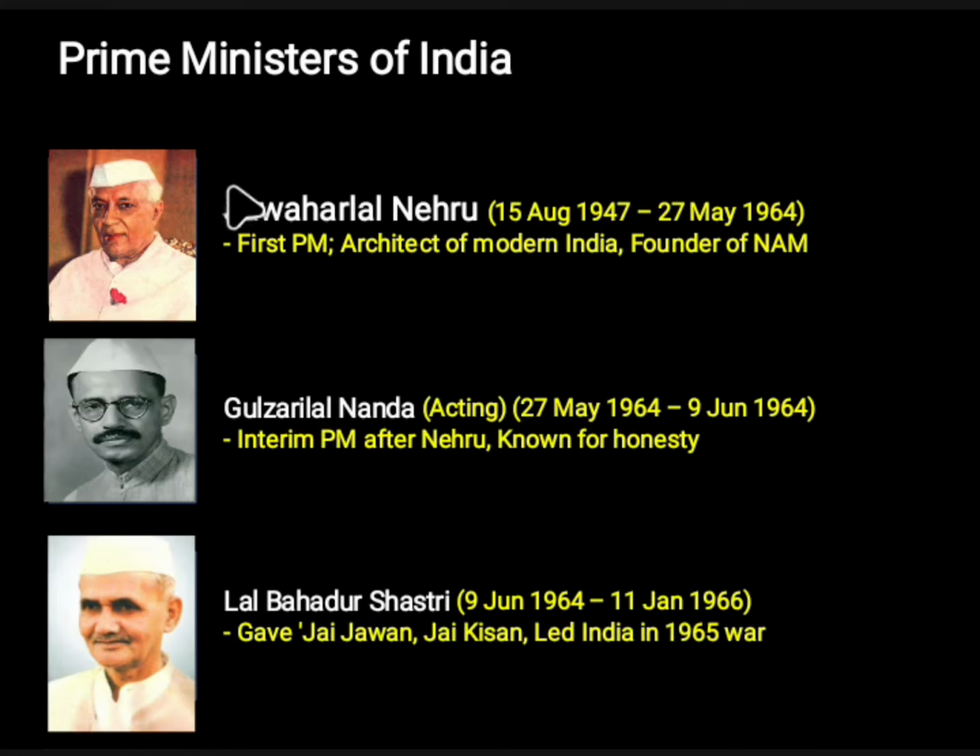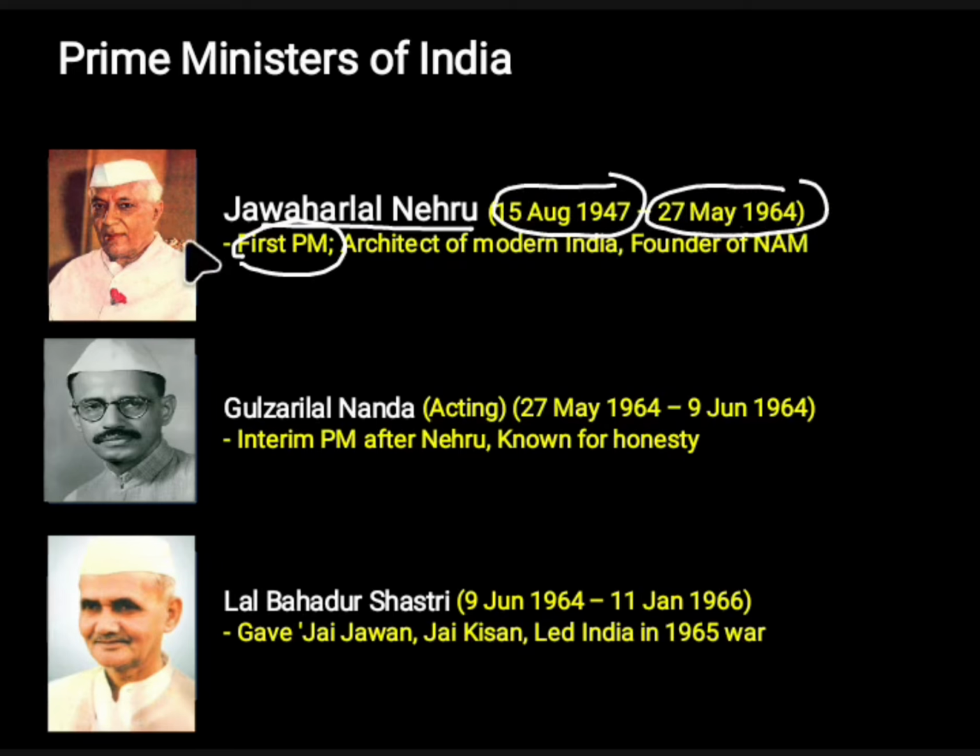First Indian Prime Minister, Jawaharlal Nehru, served as PM from 15th August 1947 to 27th May 1964. Because of his death, an acting PM, referred to as interim PM, was appointed, and his name is Gulzarilal Nanda. He is the second Prime Minister of India.